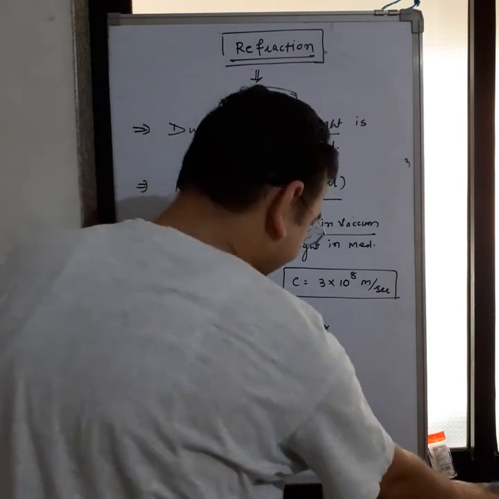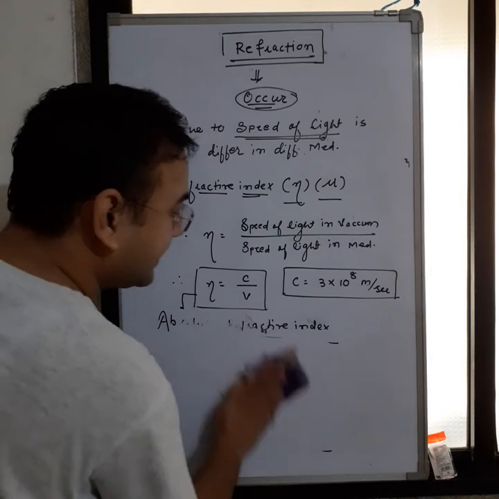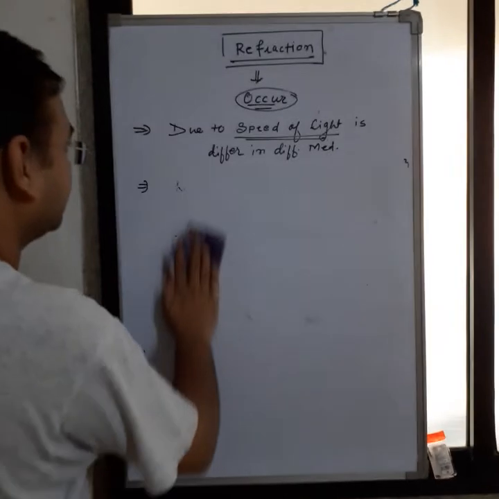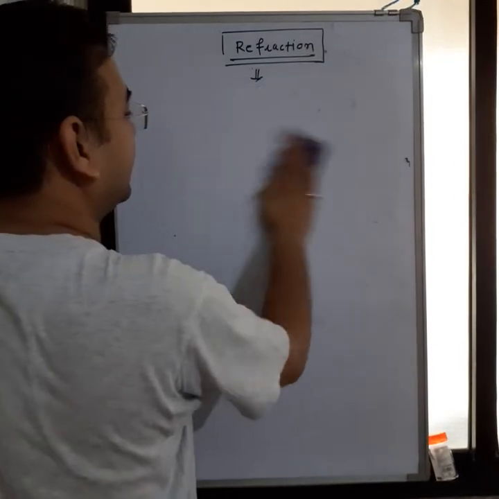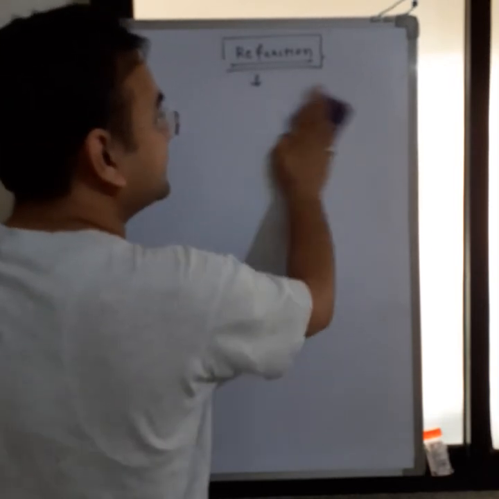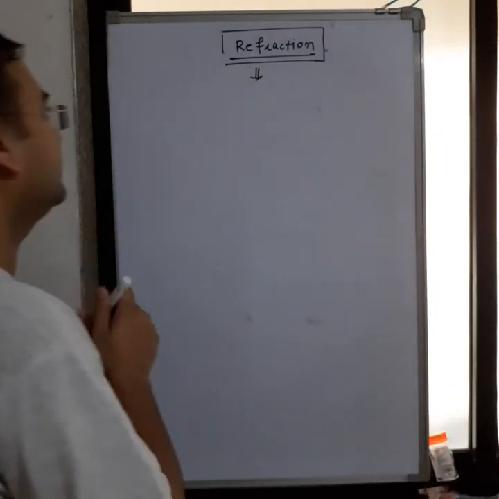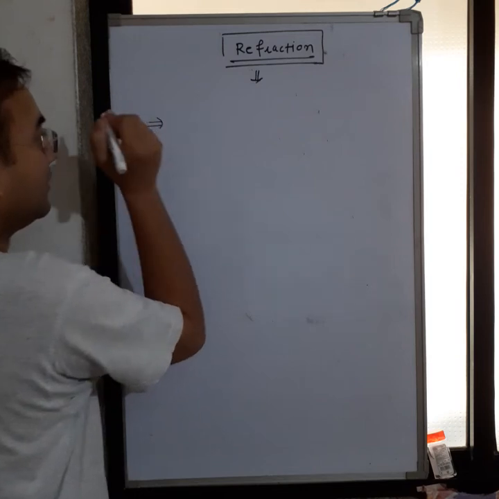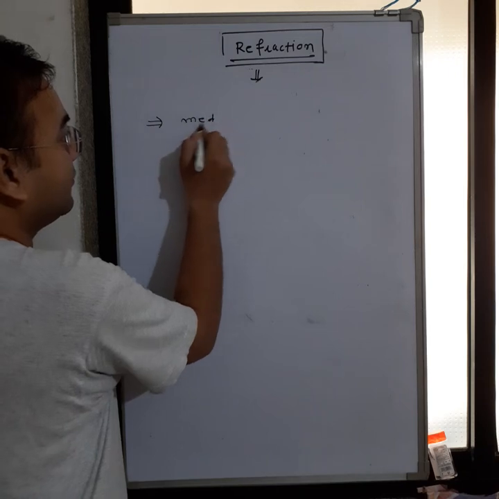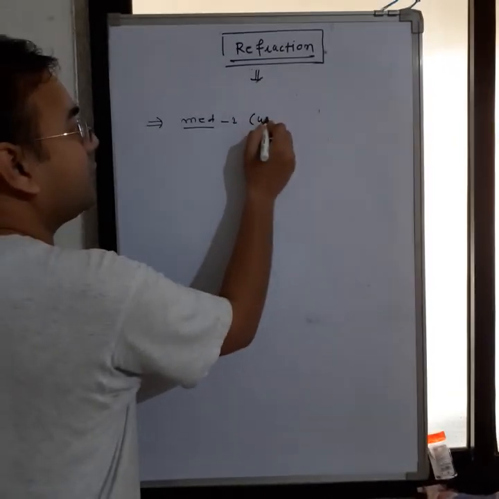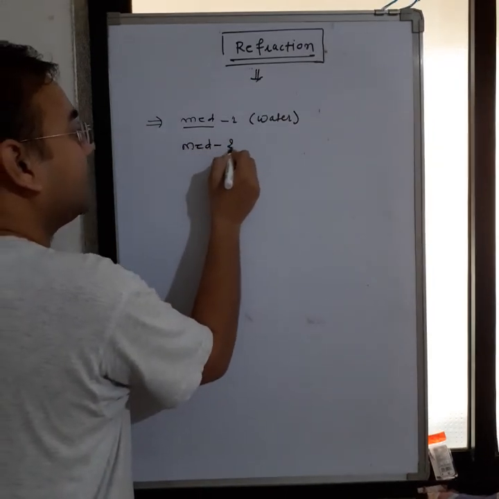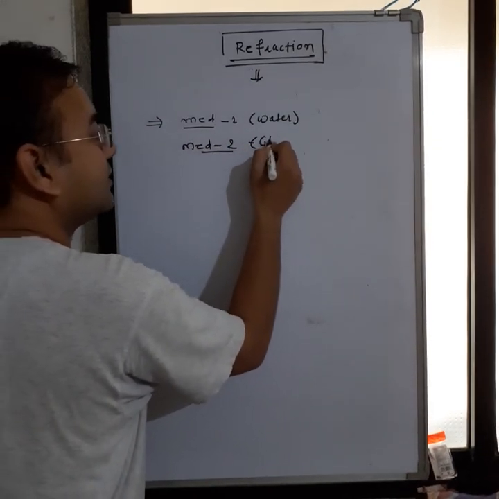Let's see, for example, here we can compare: we have medium 1, which is water, and medium 2, which is a glass slab.